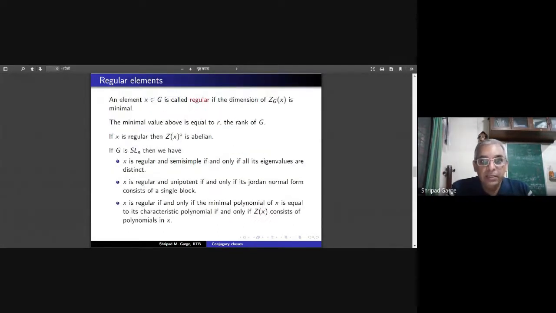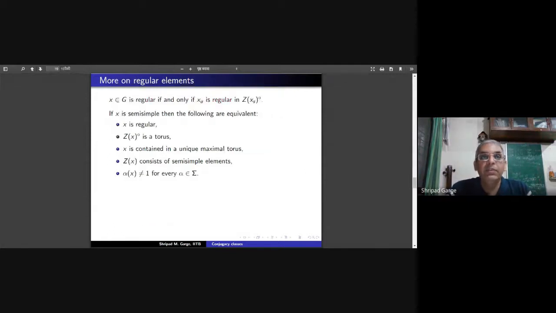There are similar statements in general. First of all, X is regular if and only if Xu is regular in Gxs naught. Your X decomposes as Xs times Xu, the semi-simple part and the unipotent part, and Xs and Xu commute with each other.